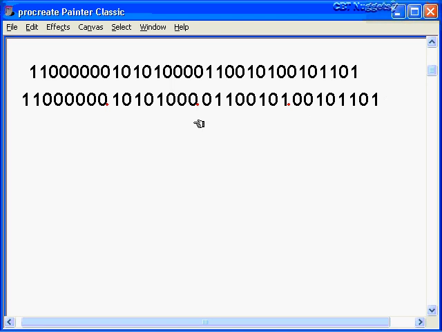Think of Earth, Wind, and Fire from the 70s, or some rapper with his posse, 8 people up on stage on Saturday Night Live. So we've got a group of 8 here. Now, to be able to understand how we get this IP address in these 4 octets to a readable decimal format, it really helps to understand the values of the placement of these bits in an octet. So let's talk about that next.